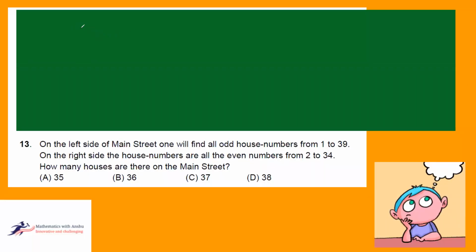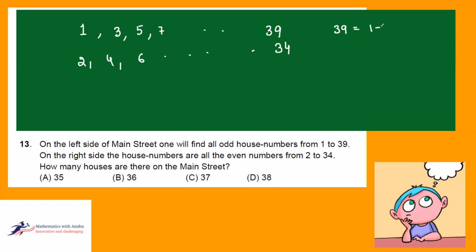Now when you see this question, 1 to 39, so 1, 3, 5, 7 till 39, and next is 2, 4, 6 till 34. Here how many numbers will come? Just see it is an AP series. So tn equals a plus n minus 1 d.